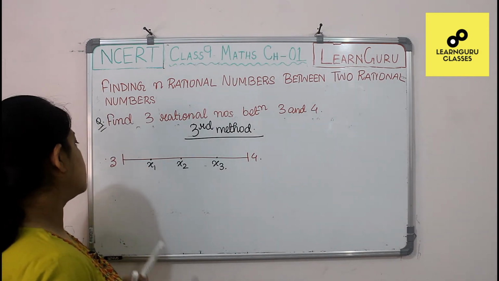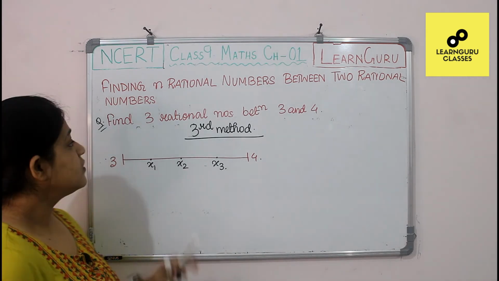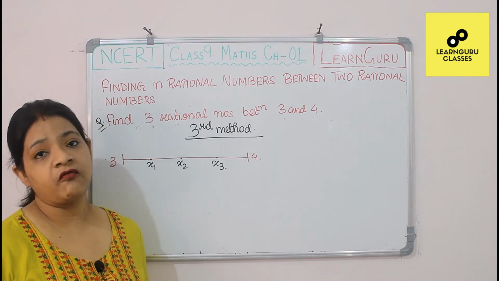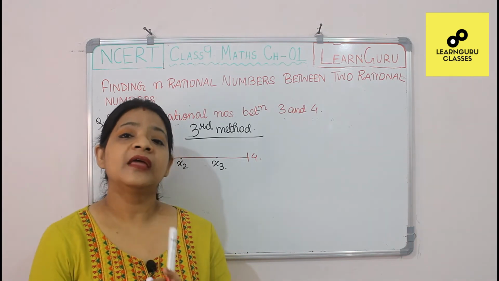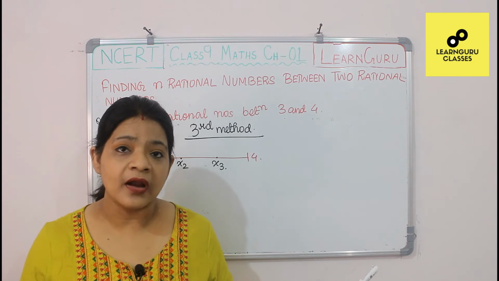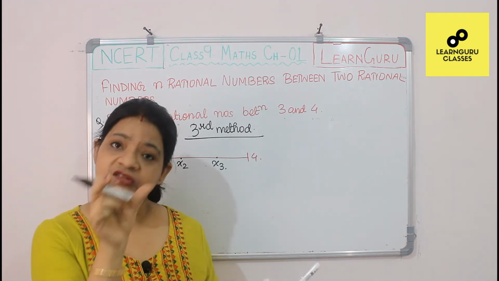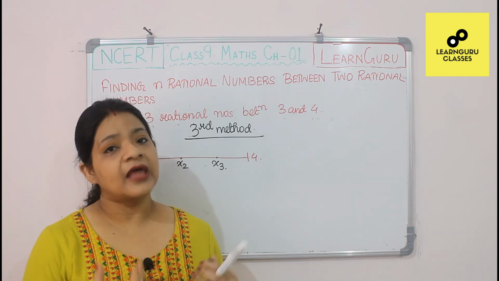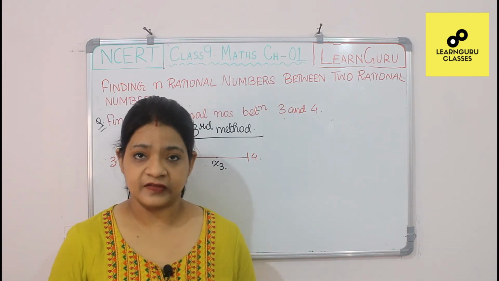There are infinite rational numbers between 3 and 4, but you have to select only 3 points. If all the 3 points are equidistant to one another and you can find the distance between the mutual points, then that will give us the clue to solve this sum.